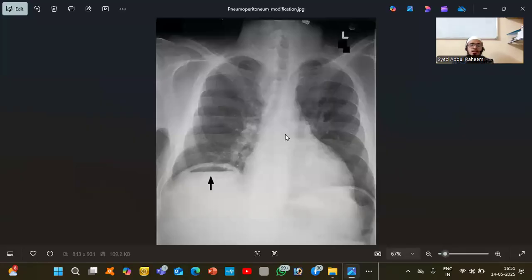We have to do an initial erect chest X-ray, and the best investigation of choice is NCCT. So this is all about esophageal pathologies. We'll discuss stomach and bowel tomorrow. Anything regarding that you can ask.